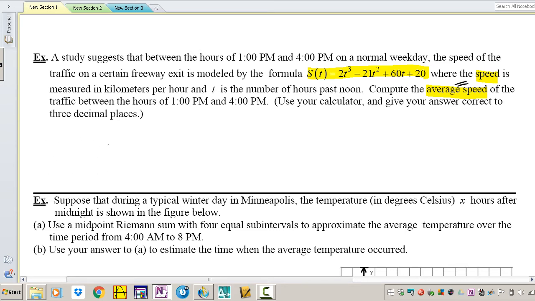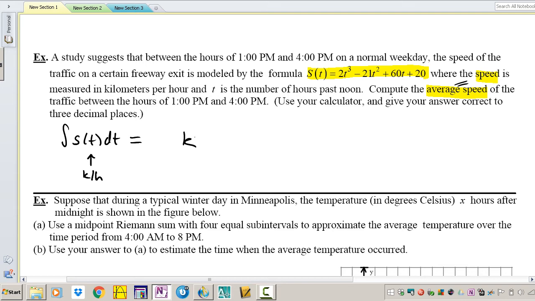Well, we're going to use the average value formula for integrals. I'm going to explain how this helps us find average speed given that we already have speed. So let's just talk about what s of t is. s of t is measured in kilometers per hour. When you integrate a velocity, you get kilometers.